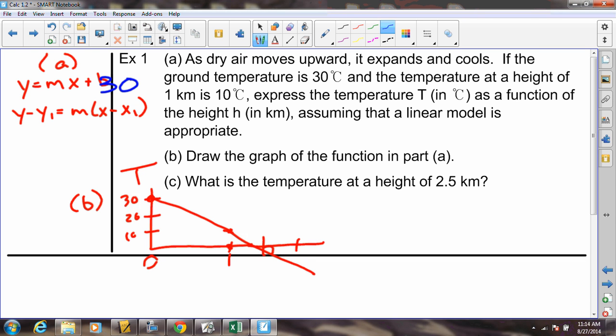We know it's our delta y over delta x. More commonly said, just rise over run. So to go from there, what's the rise? Down 20. And the run is 1, so our slope is negative 20, which will allow us to create the formula using the correct variables. Temperature is negative 20 times the height plus 30.